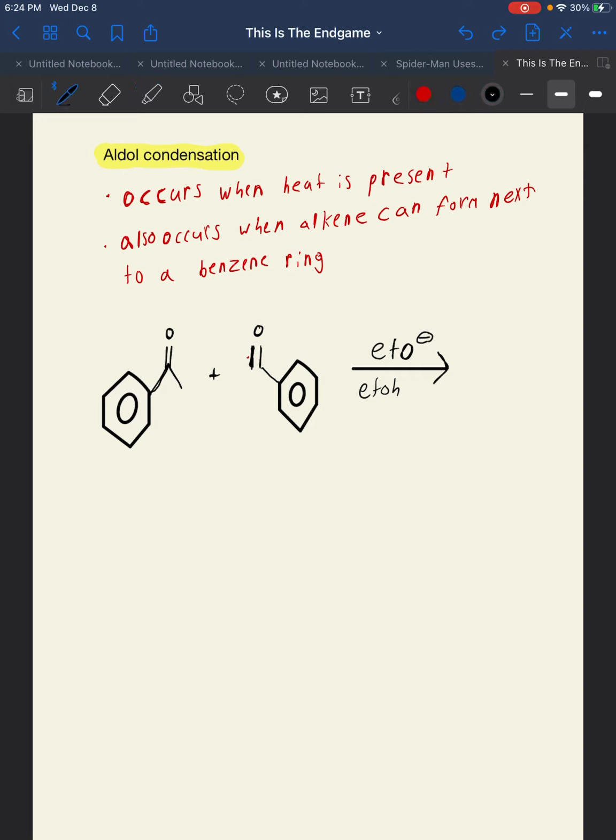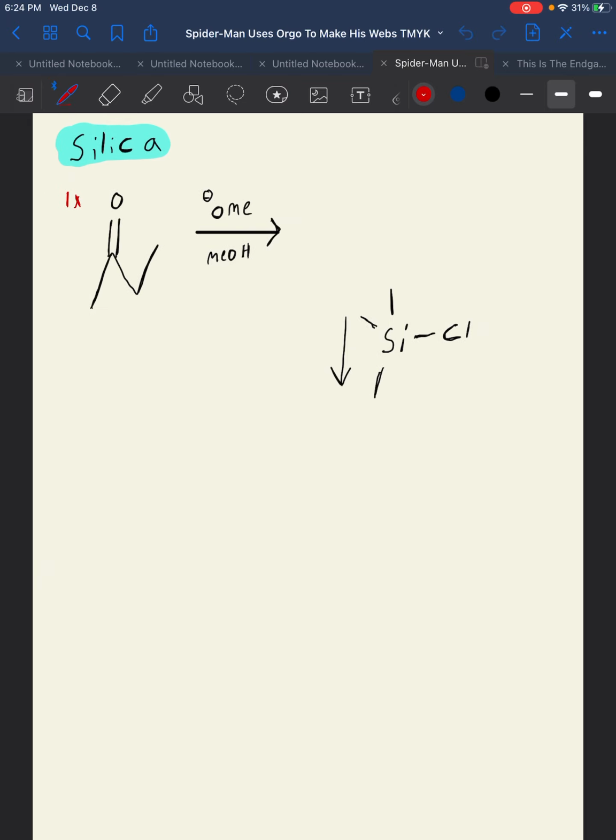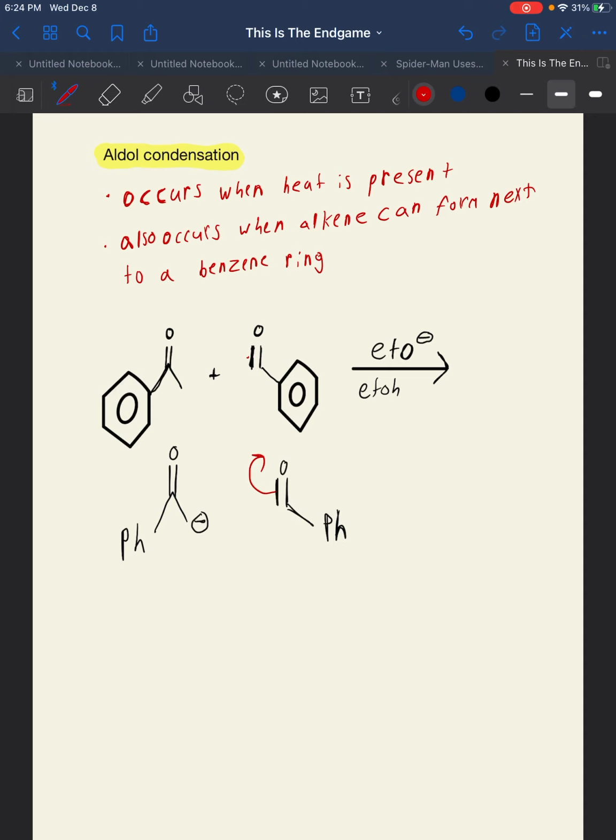So when that reacts with the EtO, you would get something that looks like this. This would act as your nucleophile, and then on the other side we just have our aldehyde attached to the benzene ring, and then once again, via resonance, we can resonate that up. Did not mean to do that. Sorry about that. You can resonate that up.